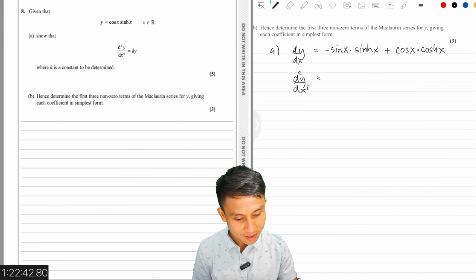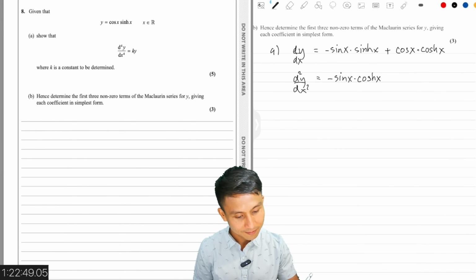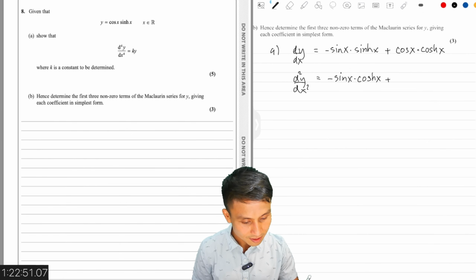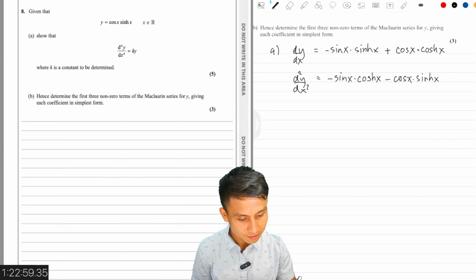That's horrible. Okay, minus sine differentiating sinh, I get cosh, and plus minus cos here, and a sinh. That's just the first term, guys. And then differentiating the first term, I get minus sine x.